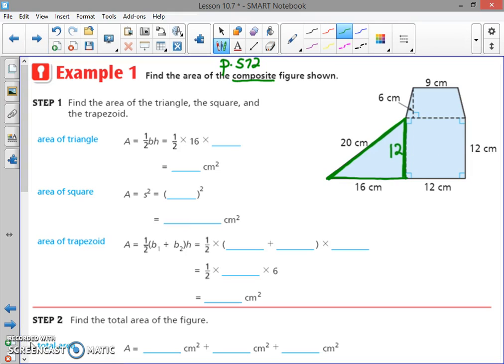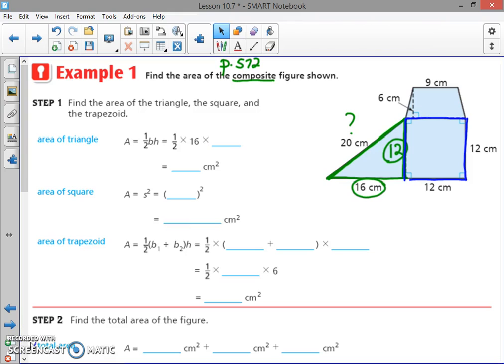So we know area of a triangle is 1/2 base height. Well, this is our base and this is our height. So I'm not sure why they put this 20 there. Maybe we'll need it, maybe we won't. Okay, now if this figure here is a 12 by 12, then this must be 12, and we already know this is 12. So this is definitely a square, and we know that's just length times width, or side squared, or base times height.